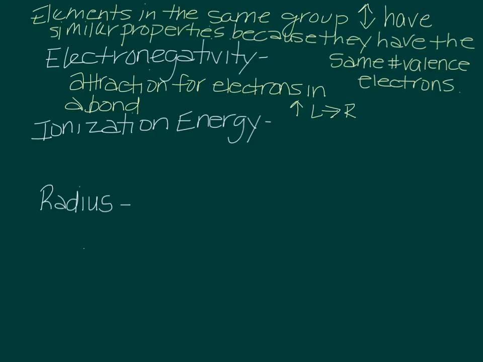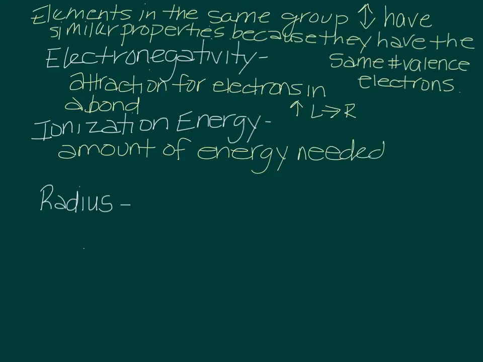Ionization energy is the amount of energy needed to remove an electron. And this also increases from left to right, and it decreases down a group.